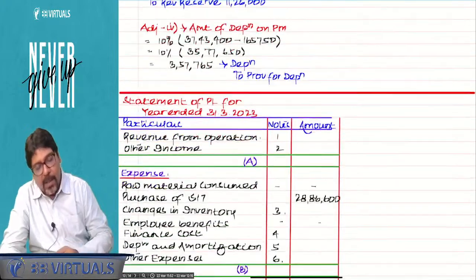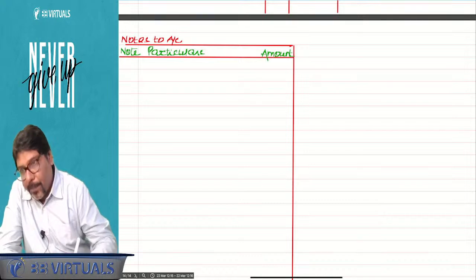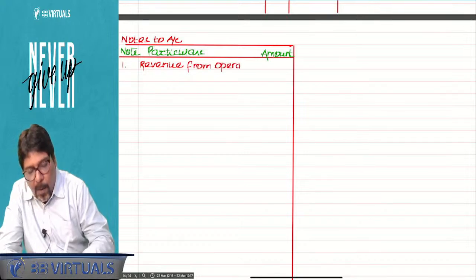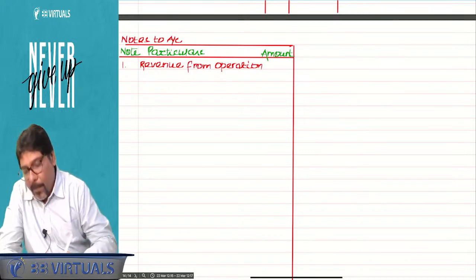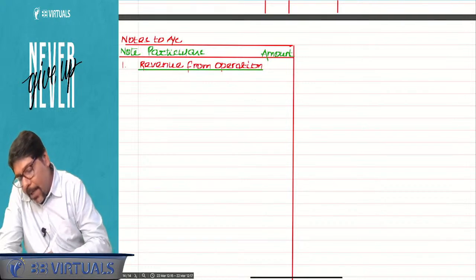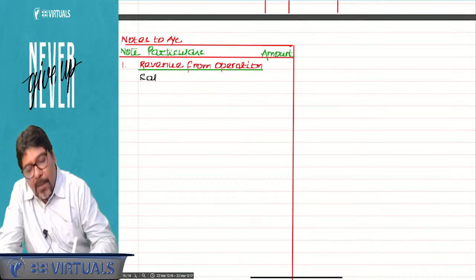First note, we have written revenue from operations. Revenue from operation. In that we'll write what? Sales. In that we'll write sales.